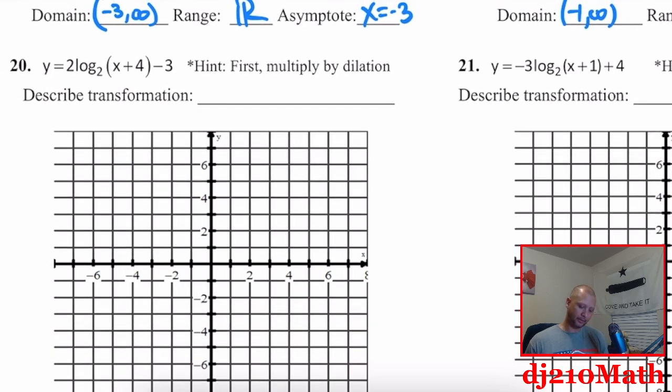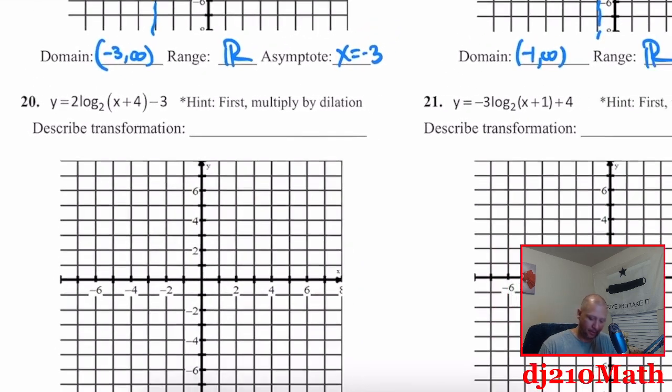All right, hint. First, multiply by dilation. So what this is saying is that there's a number in front. This 2 is going to stretch the logarithm out. You're going to multiply. So let's multiply first and then move. So we're going to stretch by a factor of 2.